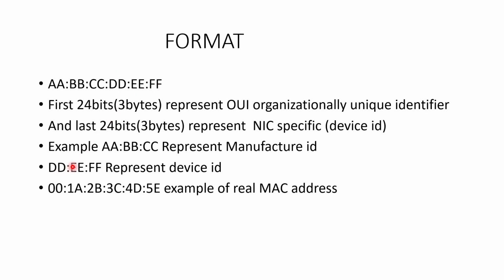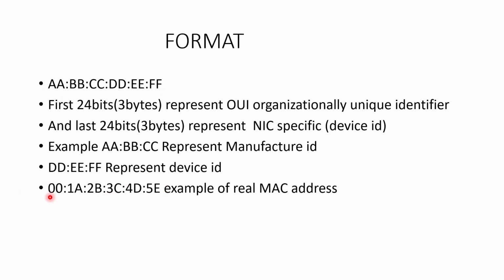So DD:EE:FF is going to represent a specific device ID. So I use just this as an example to demonstrate the format of the MAC address. But in the real world, you are going to see something like this as the MAC address of any device.